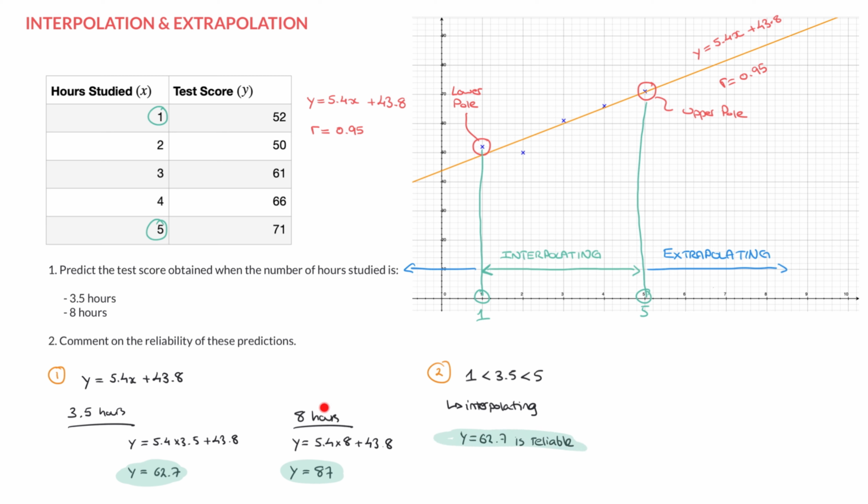On the other hand, for the second prediction we made, where x was equal to 8 hours, we could write something along the lines of 8 is greater than 5, so we're extrapolating here. And consequently, y equals 87 is not reliable. And there we go. Hopefully you now have a better understanding of the terms interpolation and extrapolation. And remember, if we are interpolating, then the predictions we make are reliable. And if we're extrapolating, then the predictions we make are not reliable.